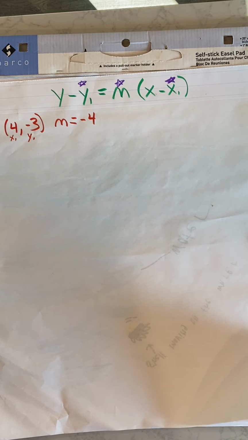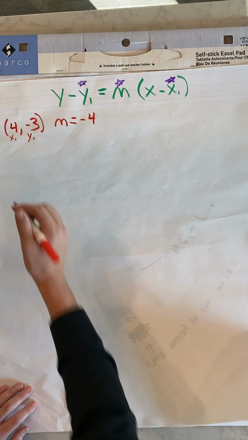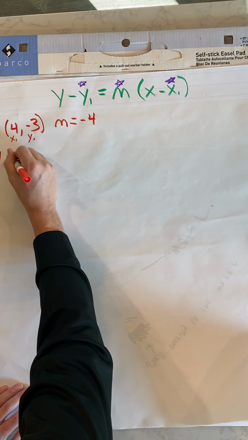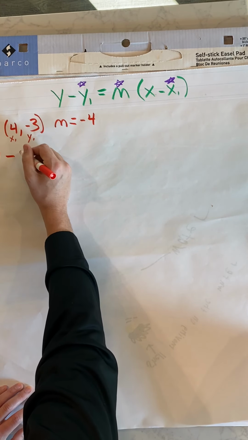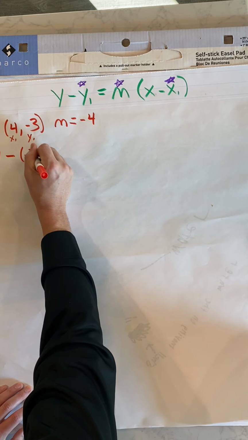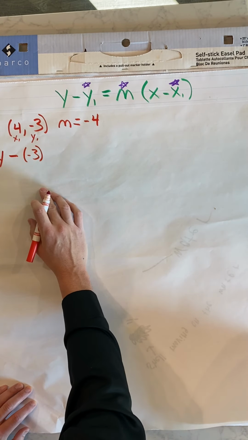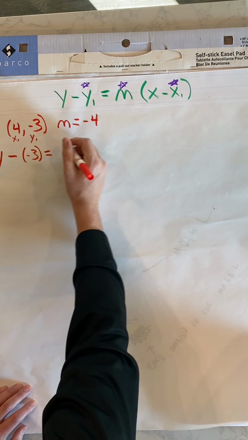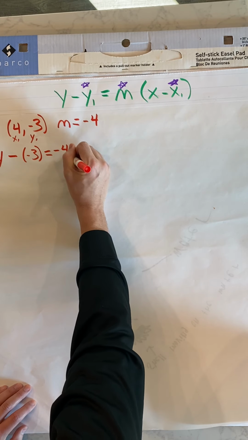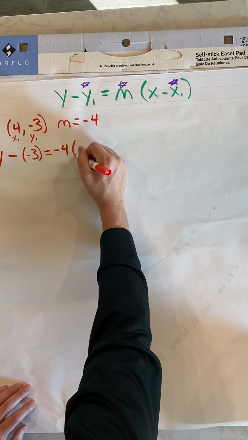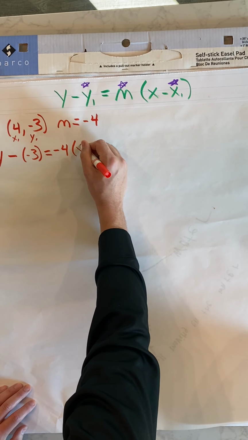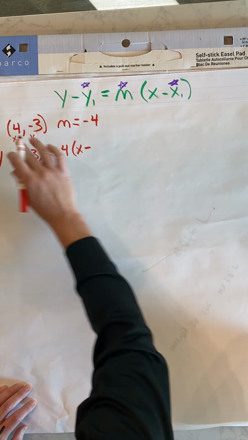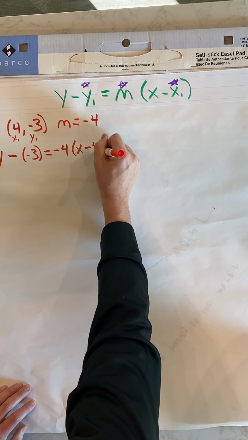So when we do this, all we're doing is rewriting this problem. y minus y1, so that's -3. I'm going to put it in parentheses since we have a minus sign before it, equals m, which is -4, times the quantity x minus our x1, which is 4.